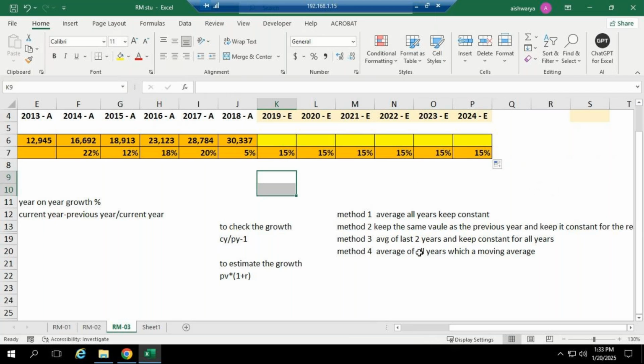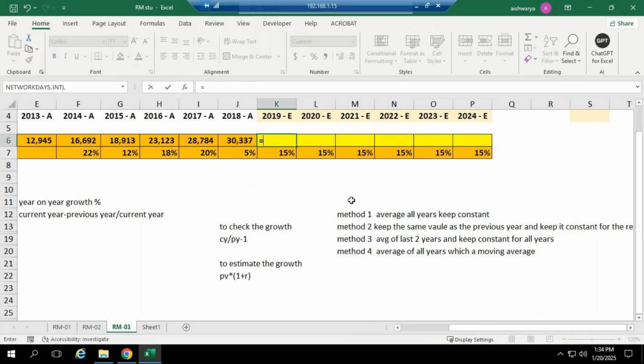Okay, so now how to do this: sales is equal to 30,337 into 15% plus this 30,337.